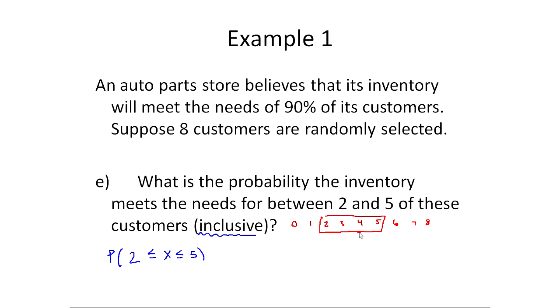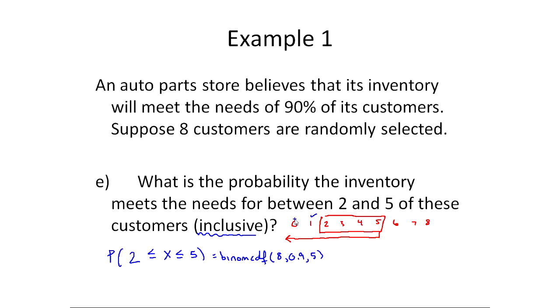Well, CDF counts down from whatever you put into it all the way down to 0. So if I do CDF of 5, it's going to count down from 5 all the way down to 0. Okay, I'm going to start with that. Let's do binomial CDF of n, which is 8, p, which is 0.9, and then 5, counting all the way down. All right, but that counted too much, right?